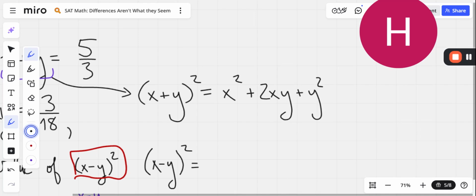The expansion of x minus y squared, much like the inside, is different with the minus. The expansion is also different with this minus instead of a plus, but everything else is the same.